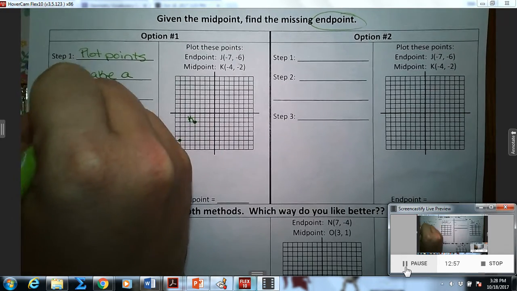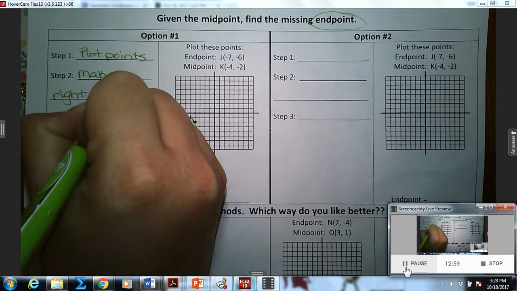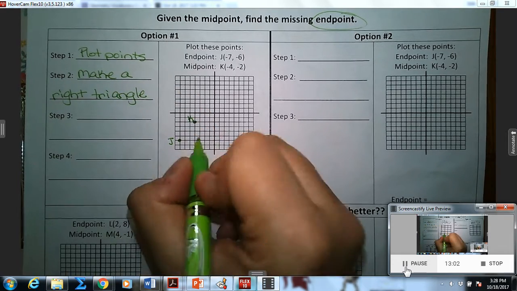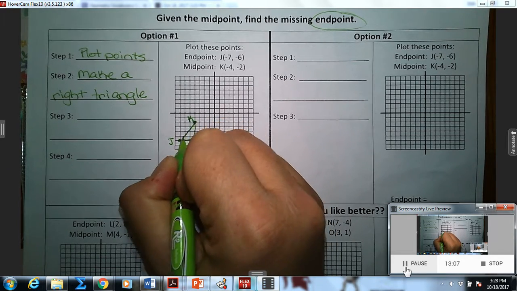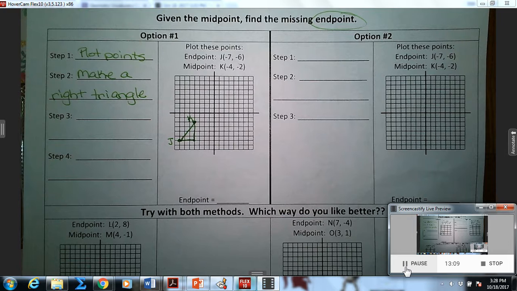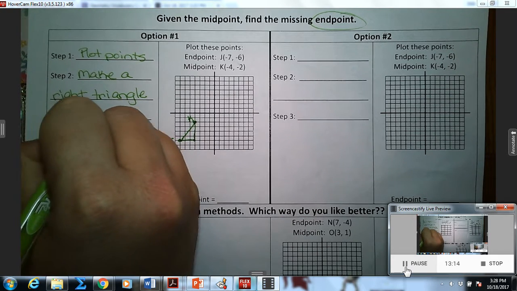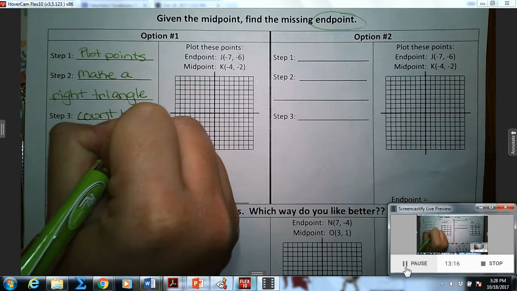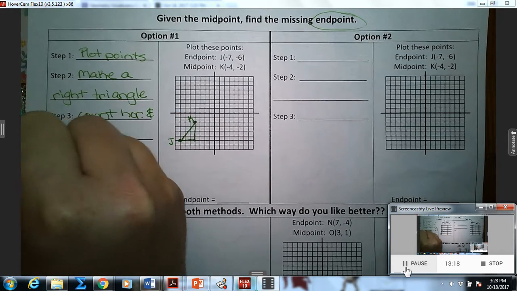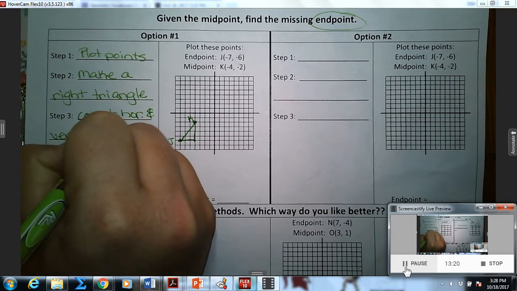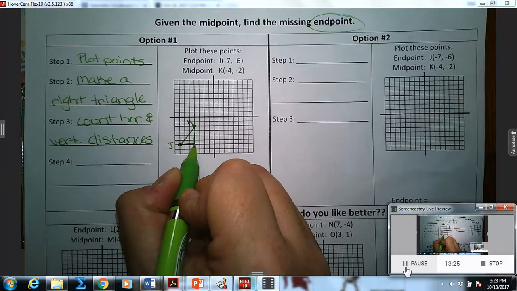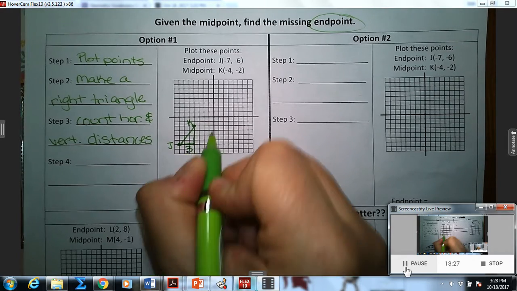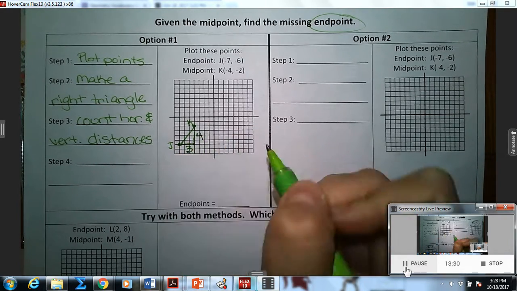This is a repeated pattern, so hopefully it's easy to remember what to do. Again, count your horizontal and vertical distances. Horizontal, I go 3 to the right and up 4.